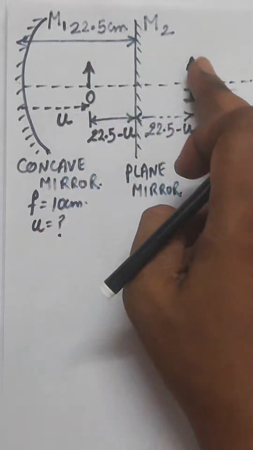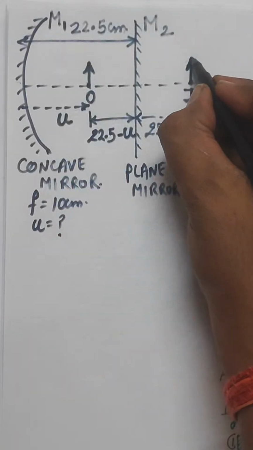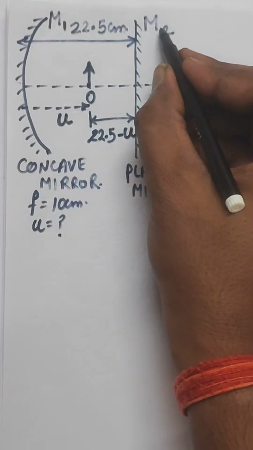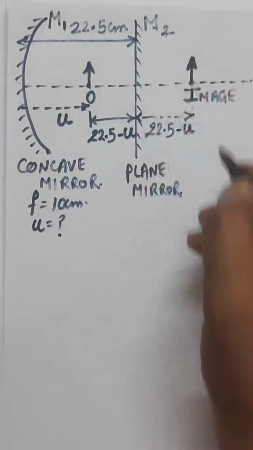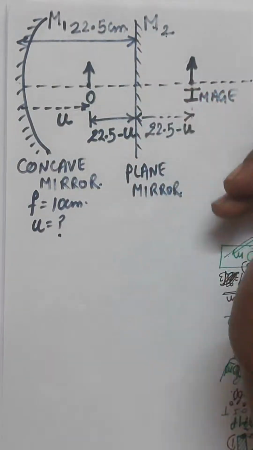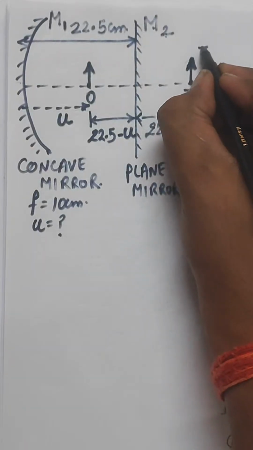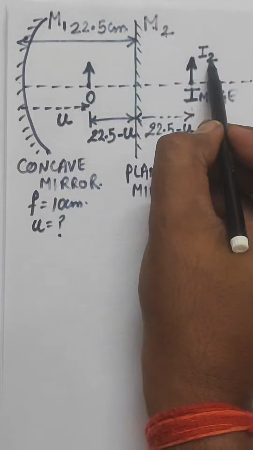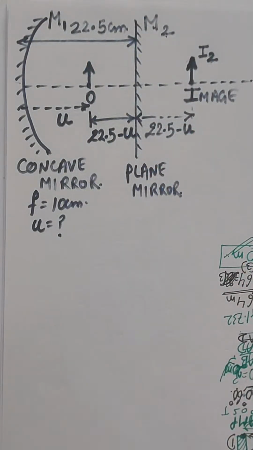It will be the same shape, but it's virtual. The second mirror M2 will be forming the image. Let's say this is I2. From M2, I2 is formed, right?